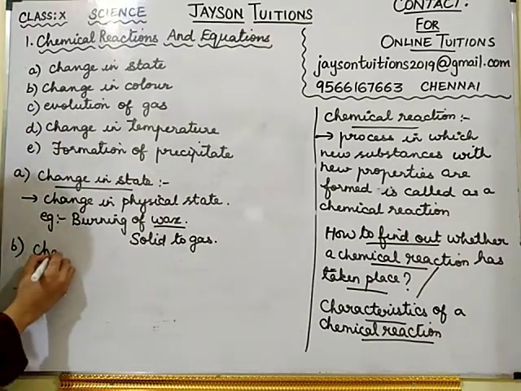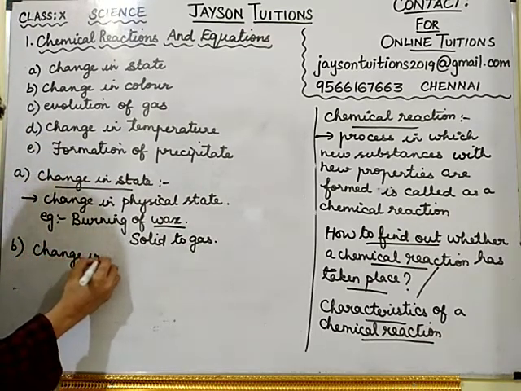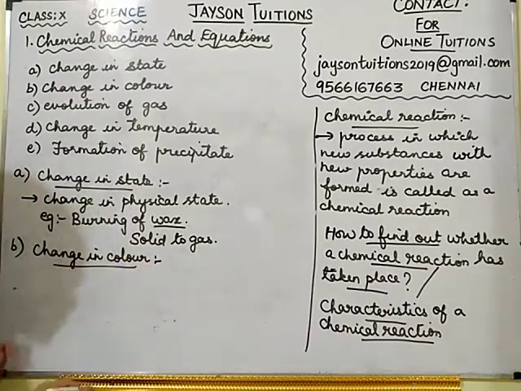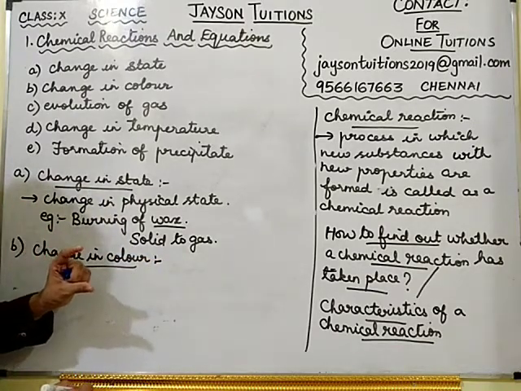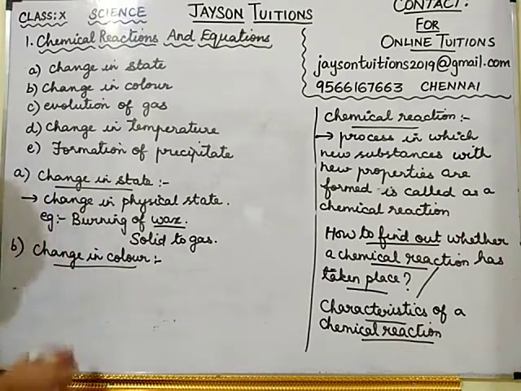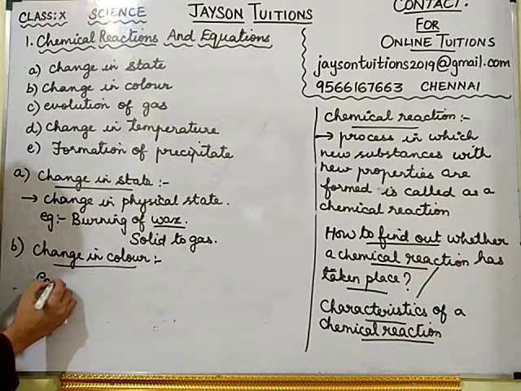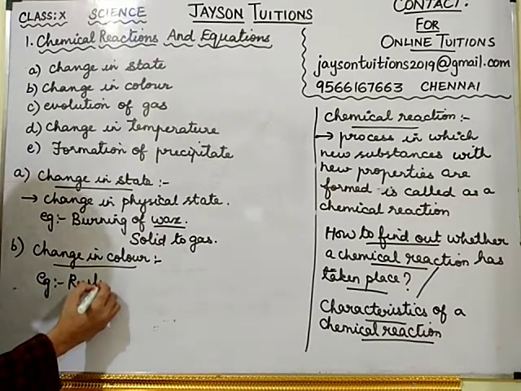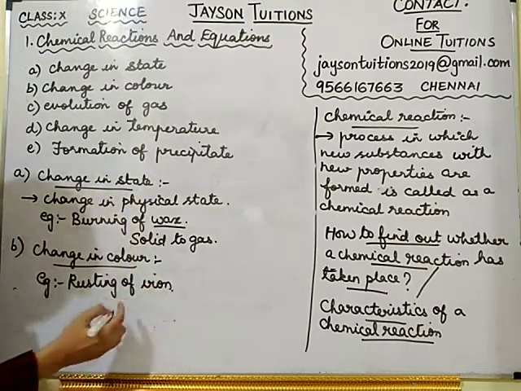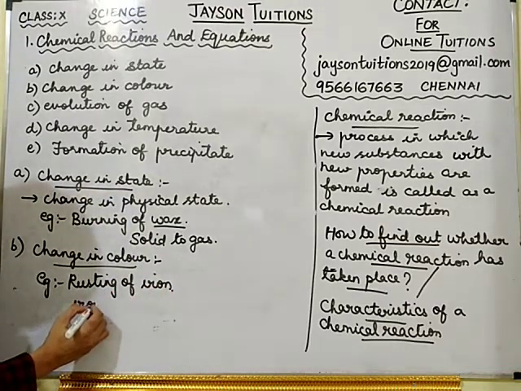Second one, change in color. So whenever something is changing the color, we can say that a chemical reaction has taken place. Example, rusting of iron. What is the color of iron?